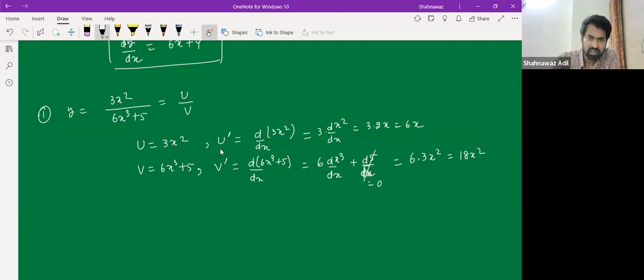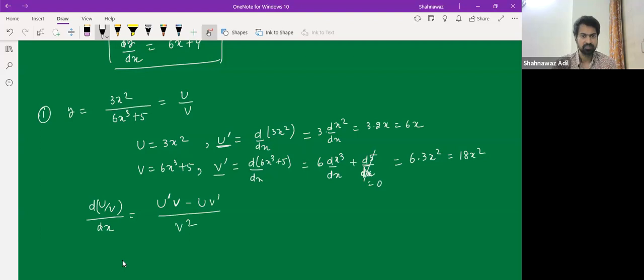So now we know v dash, now we know u dash. So what was the formula for u by v? u dash v minus u v dash divided by v squared, right?